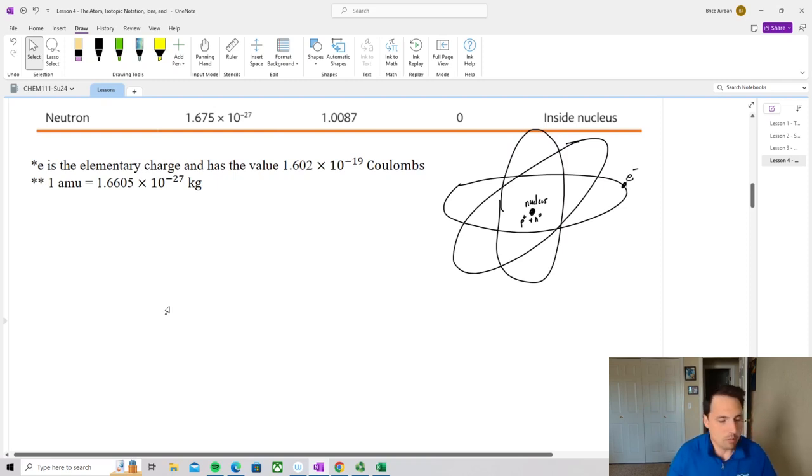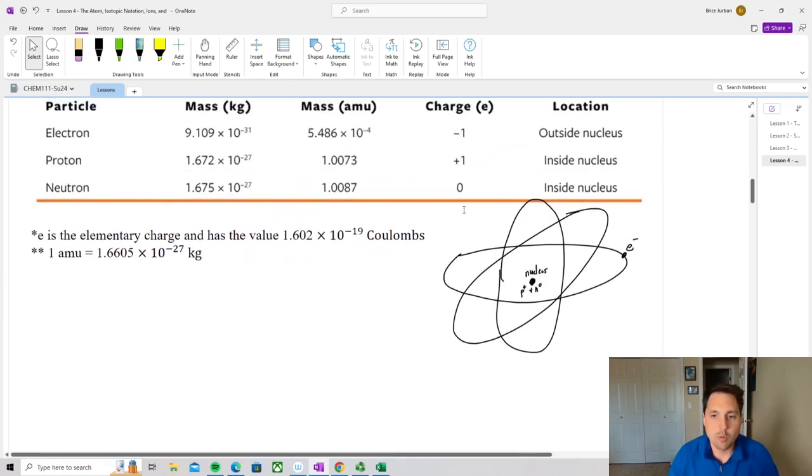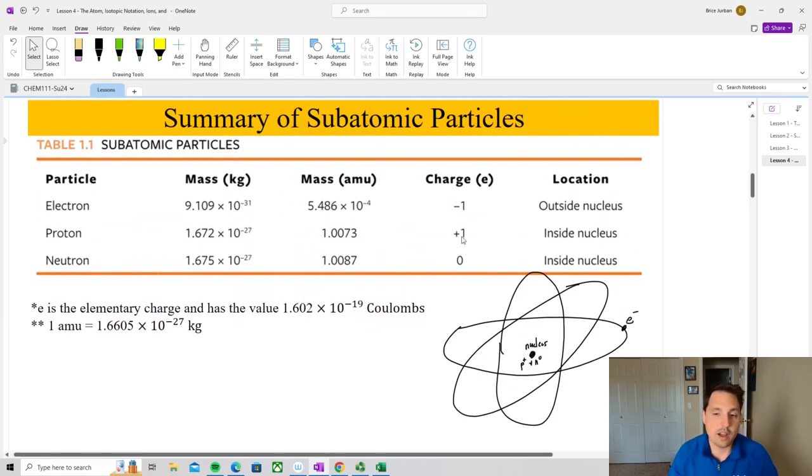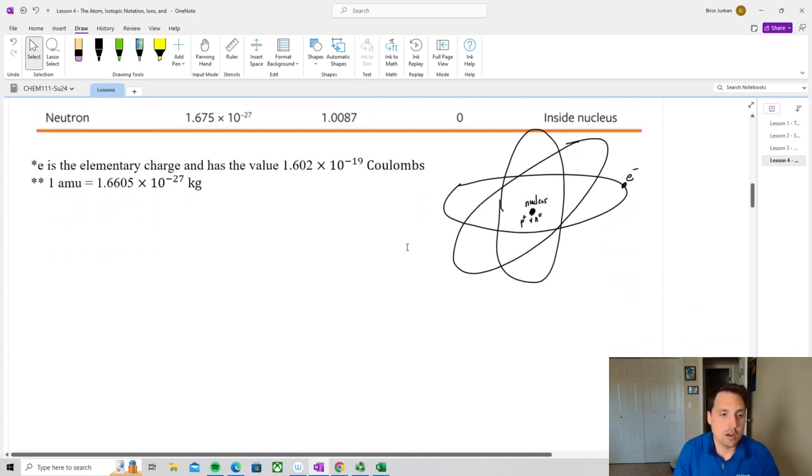Now, I do want to bring up a little bit more about why a proton and a neutron have the charges that they do. I mentioned in the last lesson that protons and neutrons are made up of elementary particles called quarks. A quark is the smallest component of baryonic material.